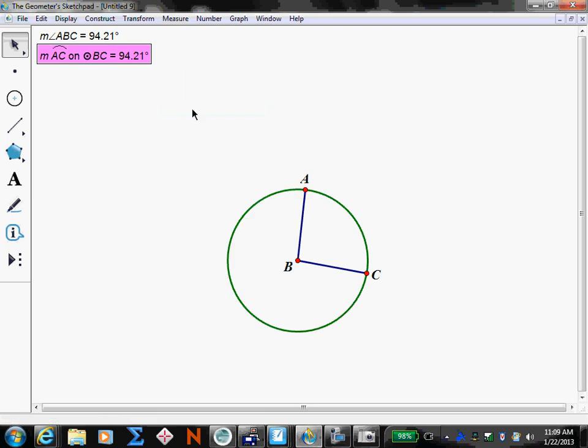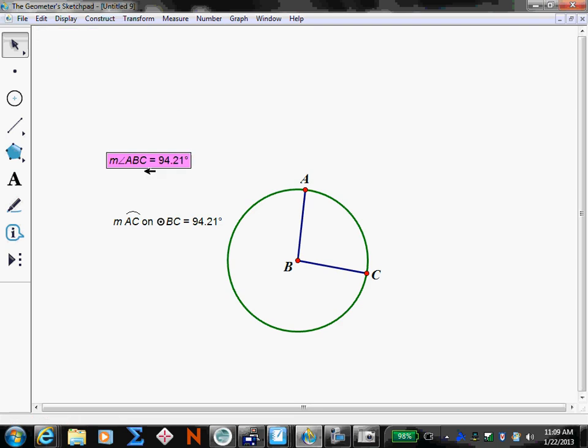Okay, arc angle. The length would be the actual length from point A to point C, and we will talk about that later. So you can see the intercepted arc, AC, is equal to the measure of the central angle. And that is something that we learned in chapter 1. I just wanted you to remember it.